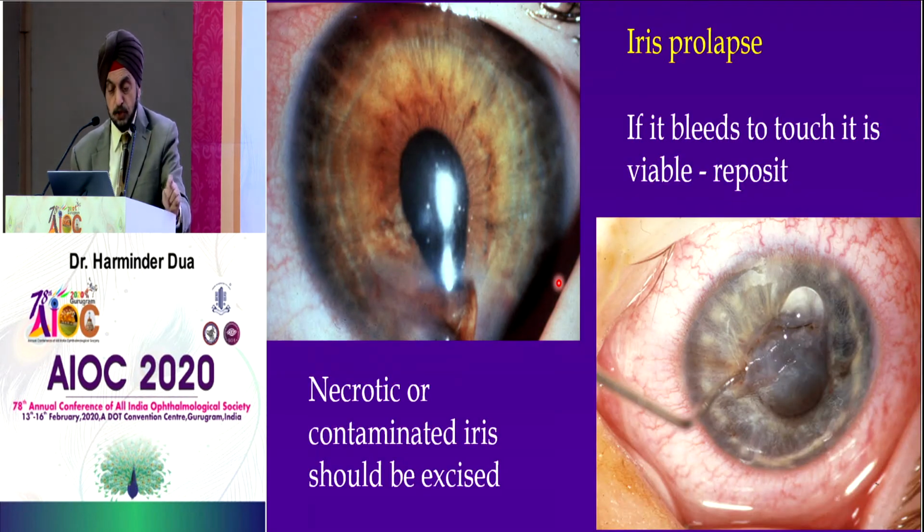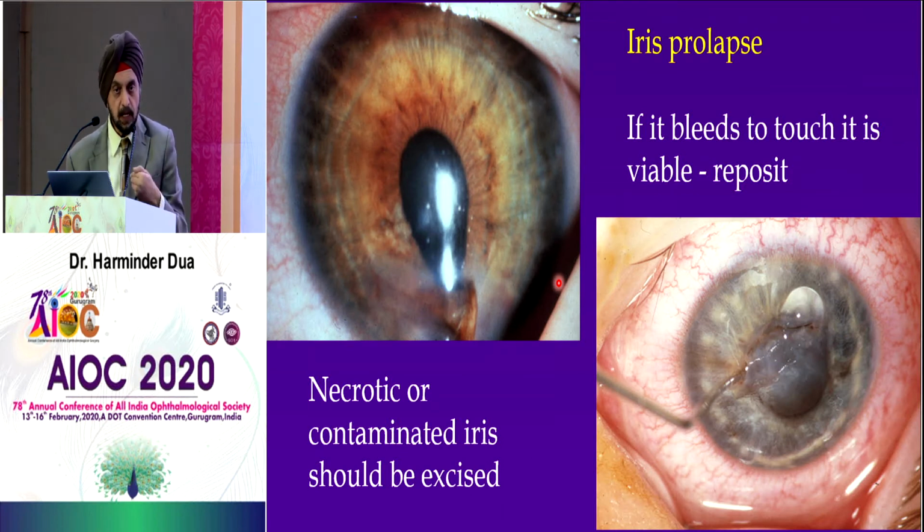If you have tissue loss, then there's a different problem. Or if you have an iris prolapse, then what do you do? The classic teaching is excise any iris that is prolapsed, because it has a risk of infection if you push it back in.